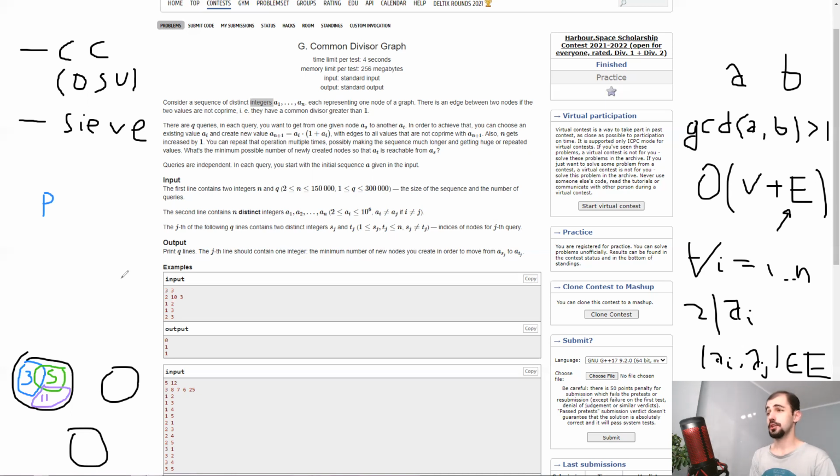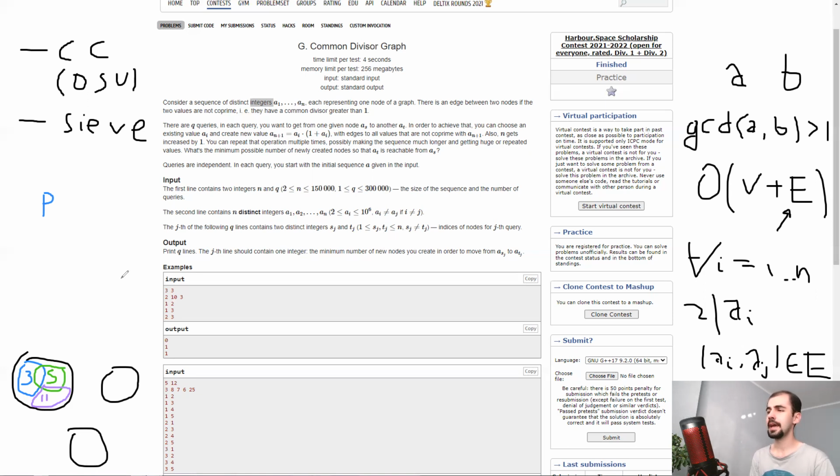And why can we just use primes? That's an interesting question that you may have asked yourself. Well, in a way, it doesn't make sense to have GCD equal to 6. If GCD is equal to 6, let's say, then it's already divisible by 2 and 3.